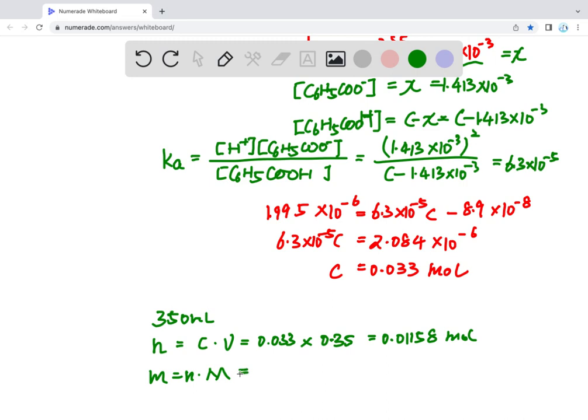So that's 0.01158 times the molar mass here. So the molar mass of the benzoic acid, it has 7 carbons, so it's 12 times 7. It has 6 hydrogens, plus 6. It has 2 oxygens, so it's 16 times 2.